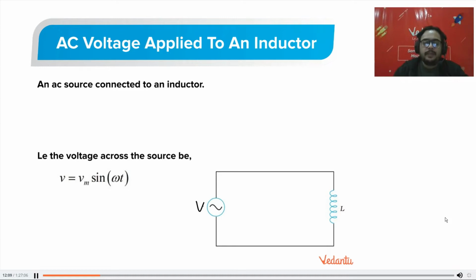Obviously, V is Vm sine omega t. As the voltage keeps on changing, a current will start flowing in the circuit. And due to changing voltage, EMF is induced in the inductor.